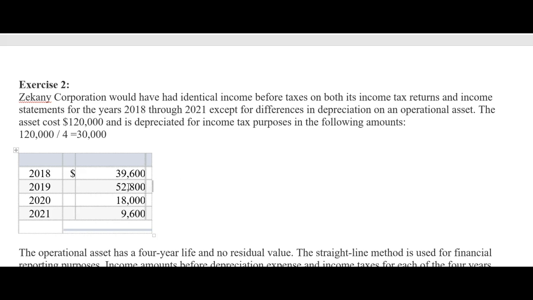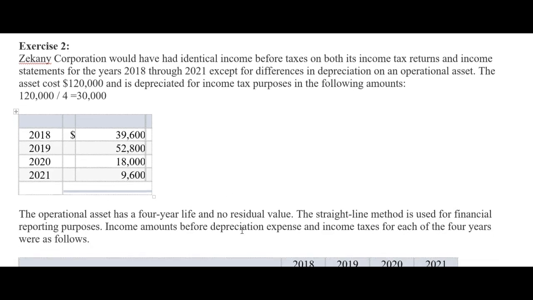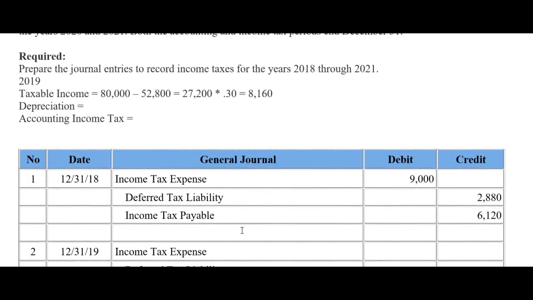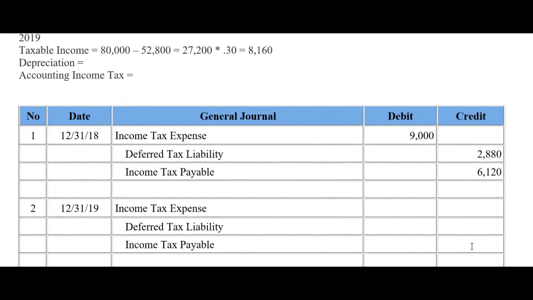So that means that gap's going to widen this year. In other words, we're going to accumulate more deferred tax liability. But notice in future years that's going to reverse out and sort of undo that temporary difference, that deferred tax liability there. Okay? So that gives us the $8,160 in payable.